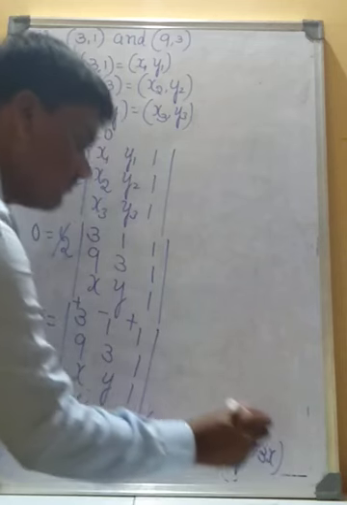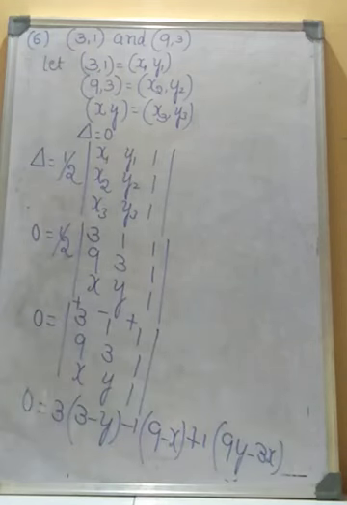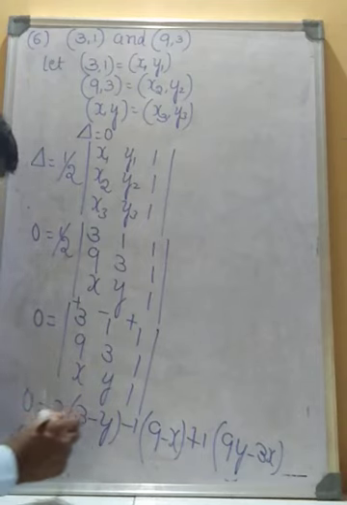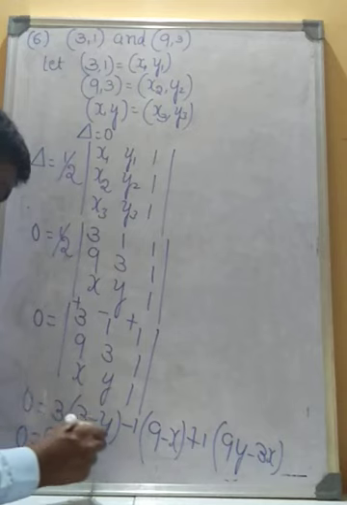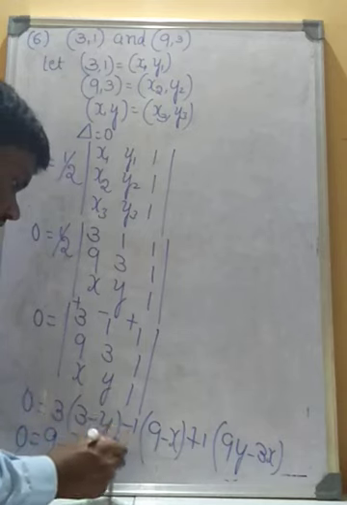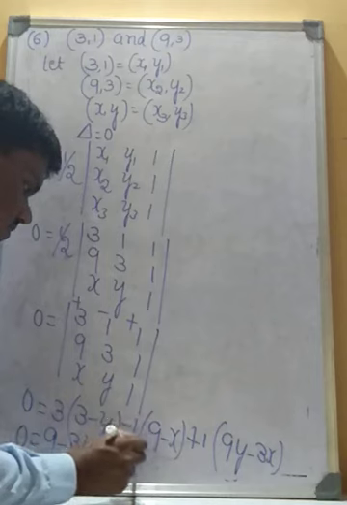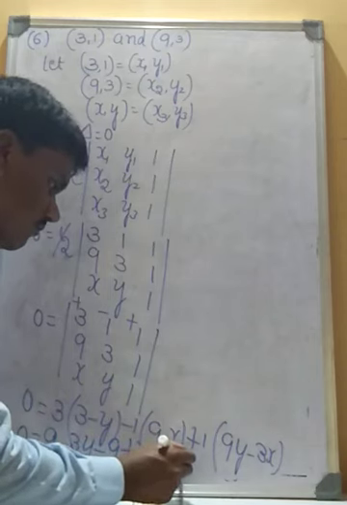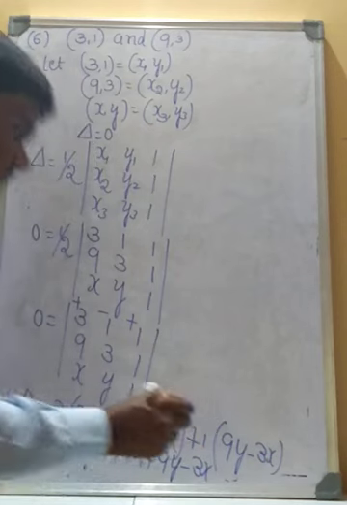So 0 equals 9 minus 3y minus 9 plus x plus 9y minus 3x.